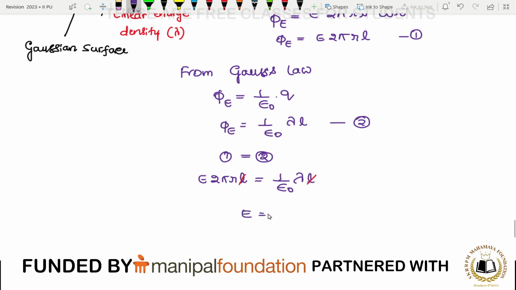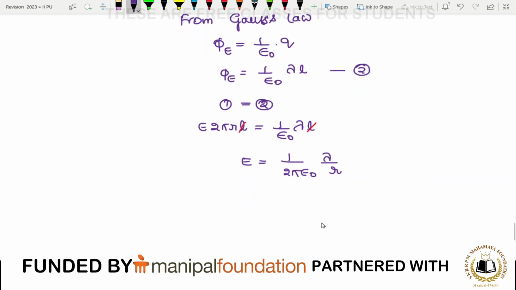So you get E is equal to 1 by 2 pi epsilon naught, lambda divided by r. You can stop here. Still, if you want to continue, you can. Multiply and divide by 2. So you get 1 divided by 4 pi epsilon naught, 2 lambda divided by r, is the formula.